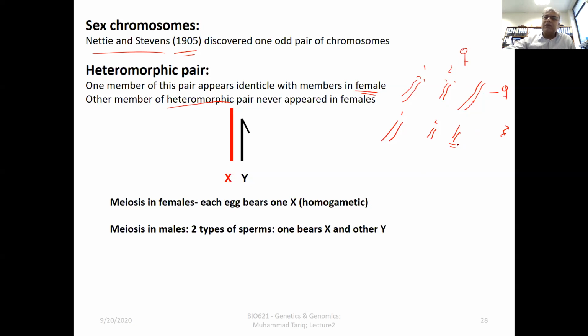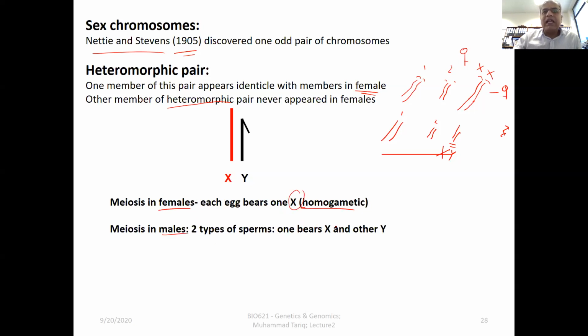So they named this one Y, and the one which was present in pairs in females, they named XX. So there was a single X in males and a heteromorphic pair in males. So the gametes in females after meiosis are homogametic because they all contain X.